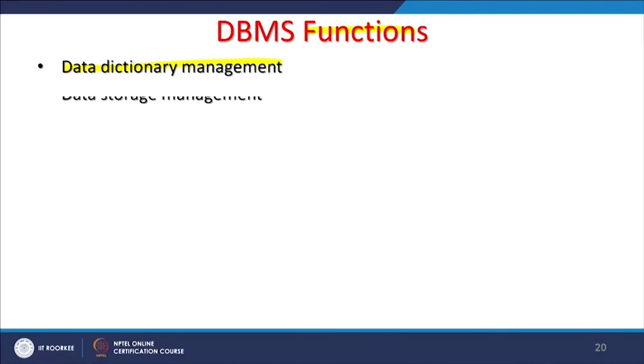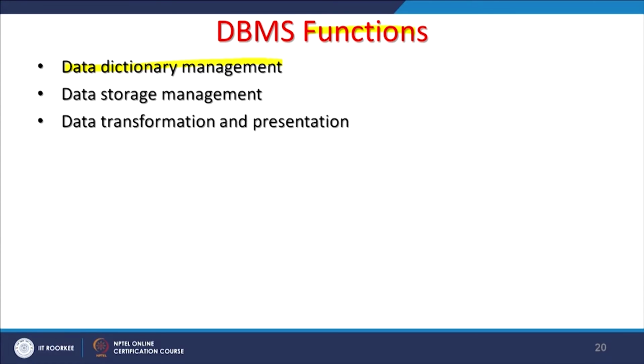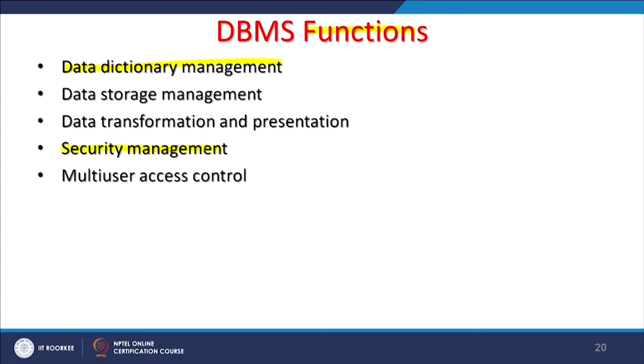It maintains dictionary management, data storage management, data transformation and presentation, security management. Nowadays it has become very, very important, because people are hacking these large systems differently, and sometimes they can create havoc. So security management is also very, very important.